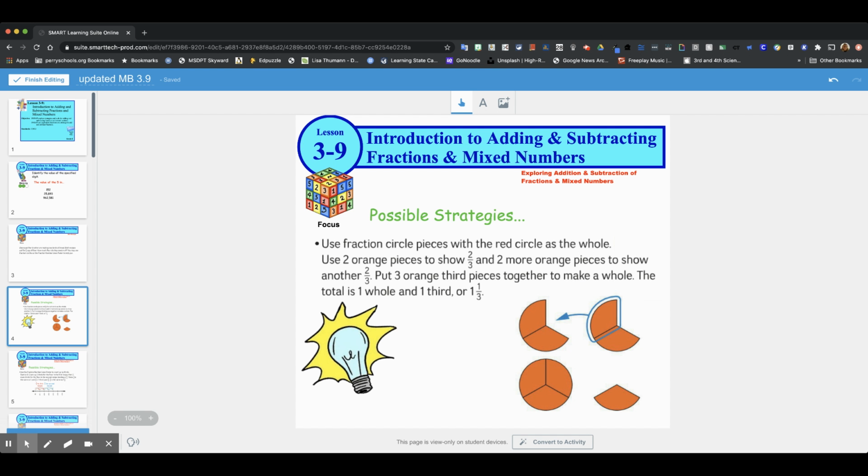Putting 3 orange pieces together would make a whole, and then the total is 1 whole and 1/3, or 1 and 1/3. So you'll see right here in the image, we've got 2/3 plus 2/3. They took one of these thirds and brought it over here, resulting in a whole circle with another third left over. That would give us the answer of 1 and 1/3.